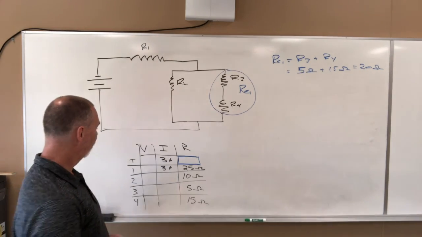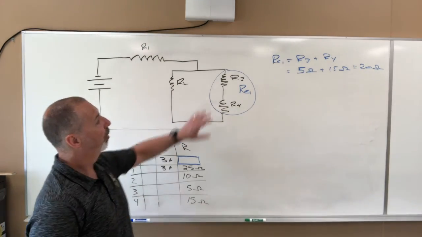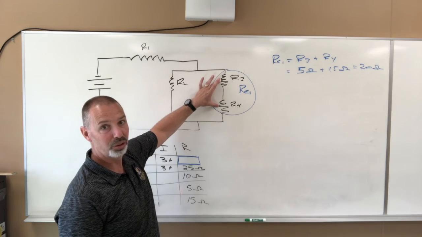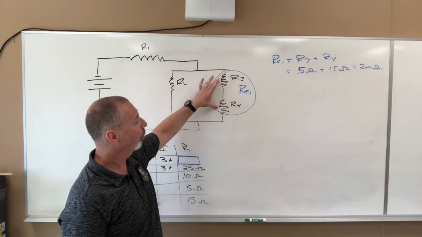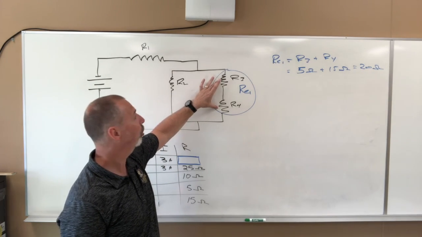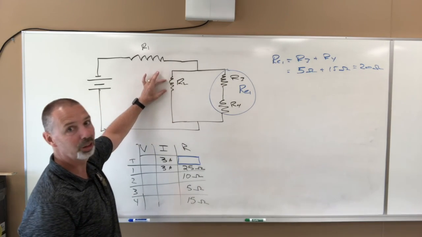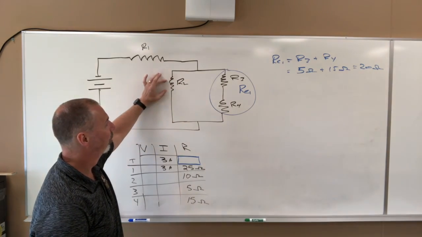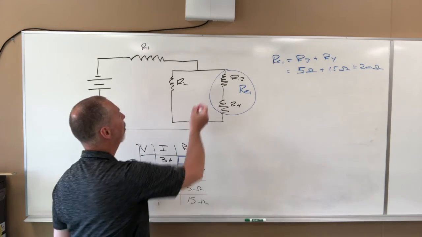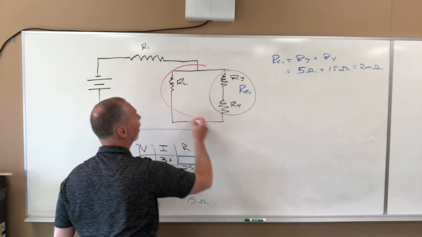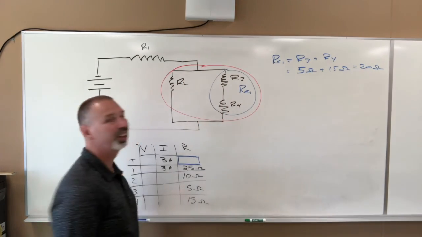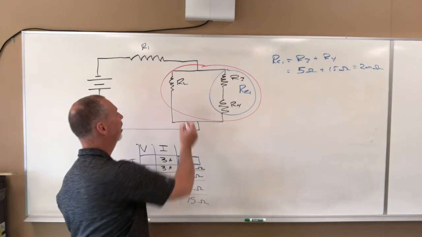Now what we're going to do is combine that equivalent resistor. This R3 and R4 is equivalent to a 20 ohm resistor that is in parallel with R2. So we're now going to combine those together in this red circle, and we're going to call that RE2.